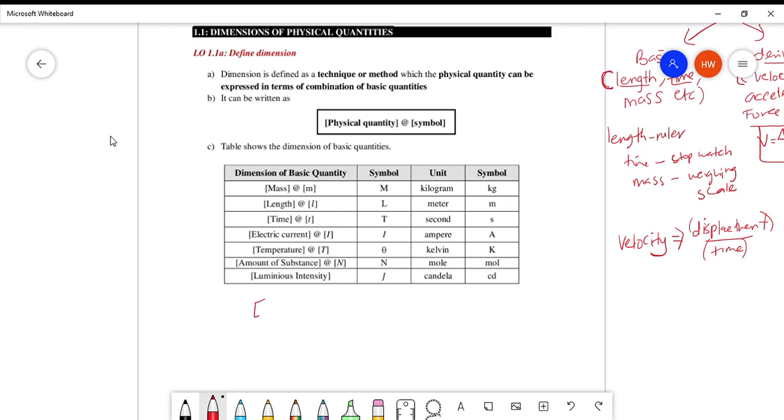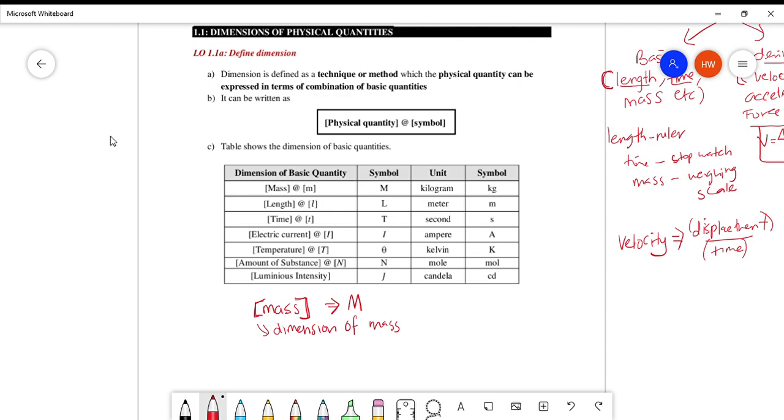The square bracket shows that we want to find the dimension of mass. So the dimension of mass is m.